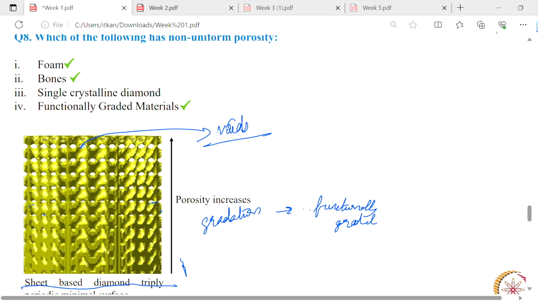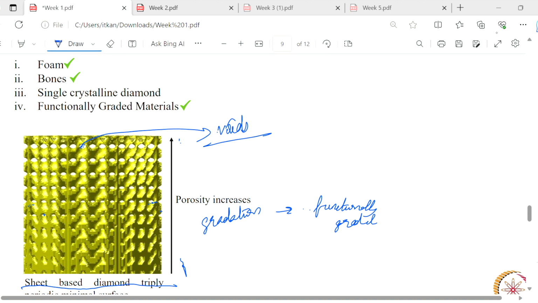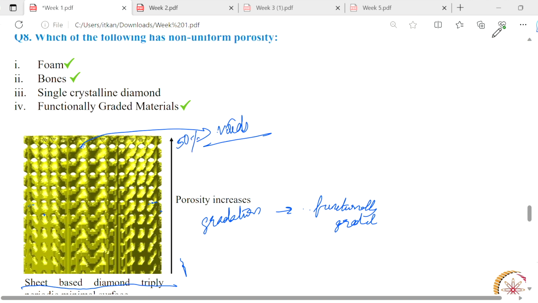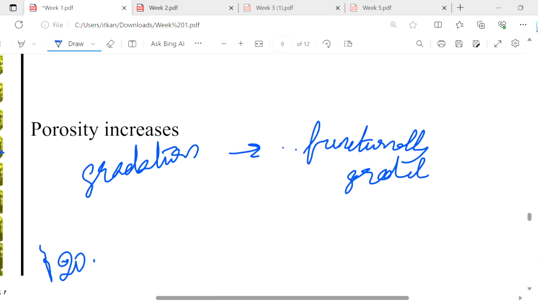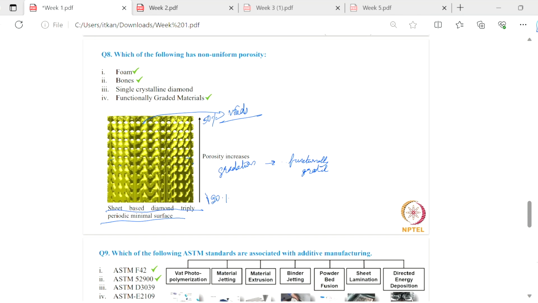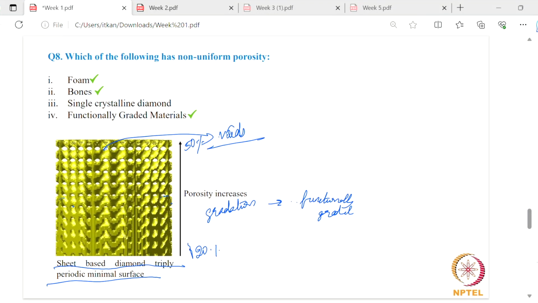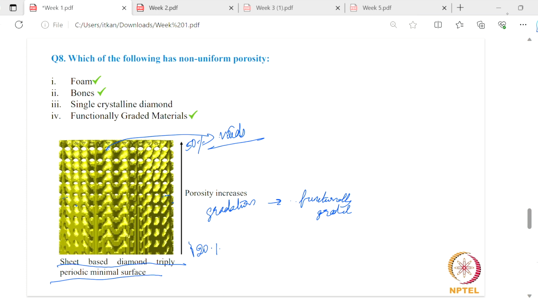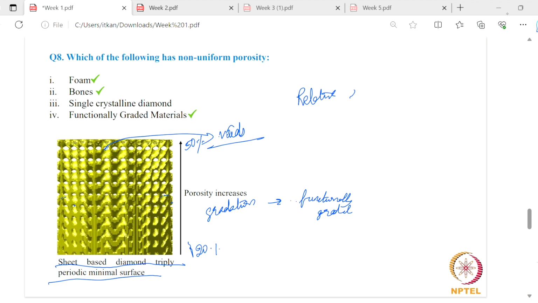Suppose this is 50% porous, this may be 20% porous. This is porosity, not the density I am writing here. So relative density is equal to 100 minus porosity.